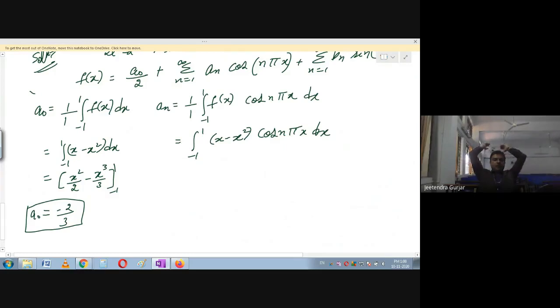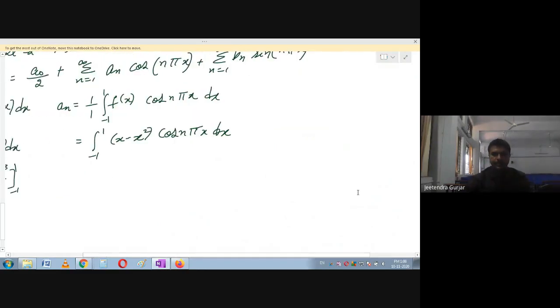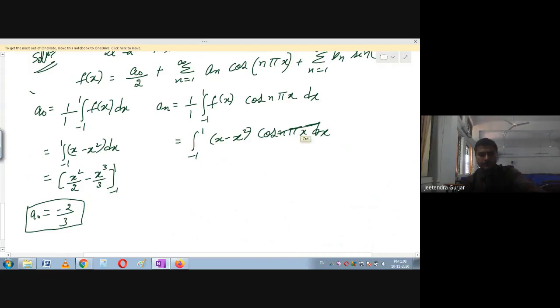Okay, so now we can see again we have to calculate the integration of u into v. Okay, so please calculate the integration. So what is integration of u into v, students?